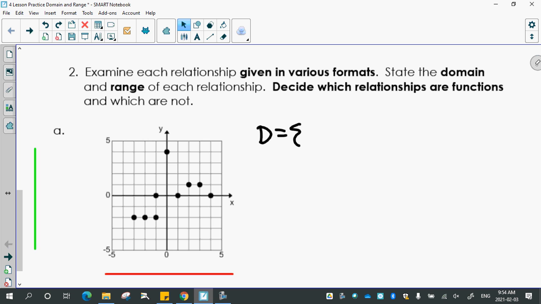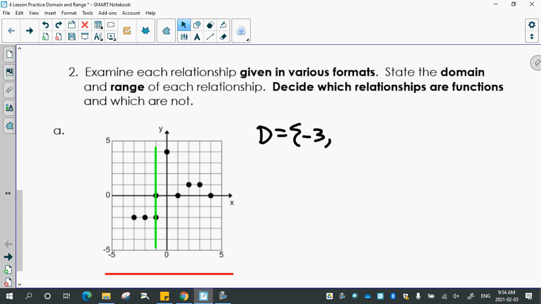So starting way out here at negative infinity, the first time I hit a point on the graph is at an x value of -3. Do you see that's the x value? Okay, so the smallest x value in my domain is -3. Then -2, the next smallest one. Then -1.